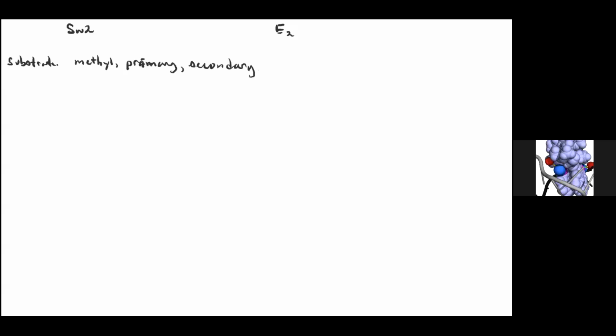Methyl is always the best, and when I say the best, I mean the fastest, and then tertiary will be the slowest. Or sorry, secondary will be the slowest.